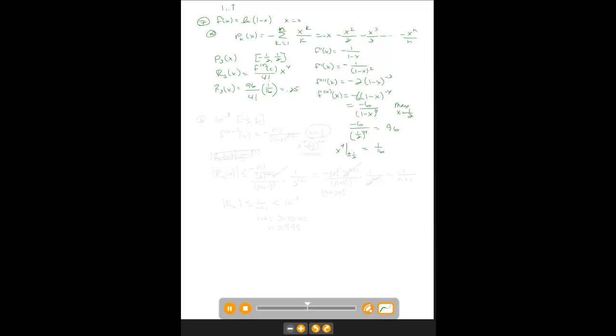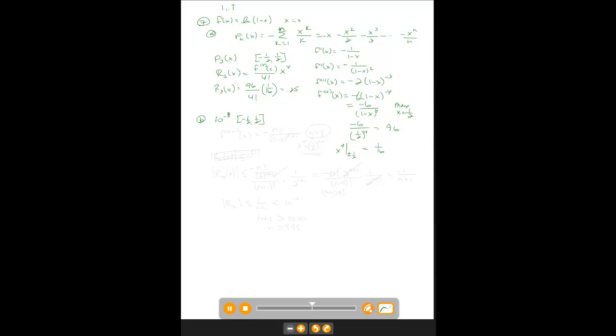Part B, how many terms of the Taylor polynomial are needed to approximate the values for that same function with an error less than 10 to the negative 3 on the same interval? Okay.